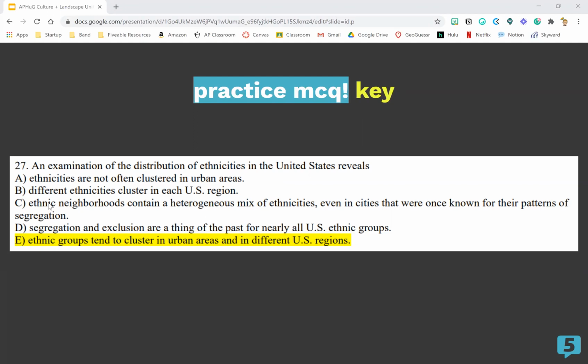Segregation, it's homogenous. People want to live with people who act like them, who speak like them, who think like them. There we go. That's the word I was thinking of. D, segregation and exclusion are a thing of the past for nearly all US ethnic groups. Well, when we get to Unit 6, we're going to talk about why this is not true because of neo-colonialism and neo-segregation. And then we're left with E.